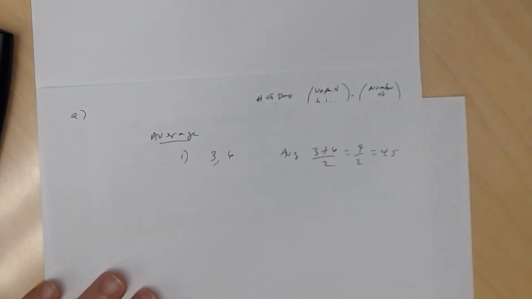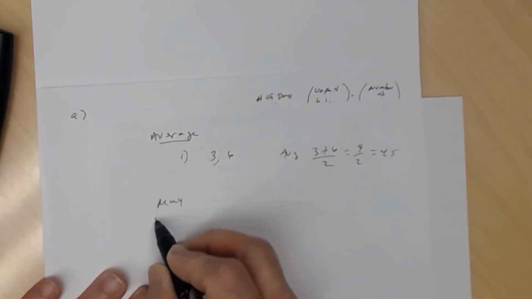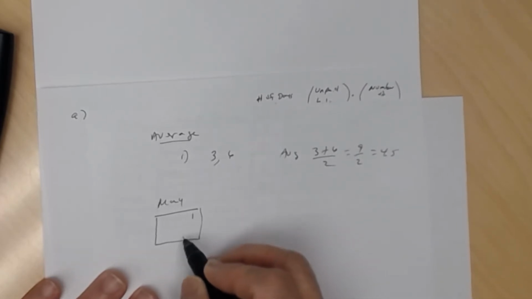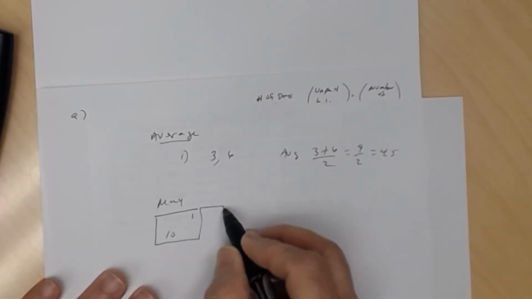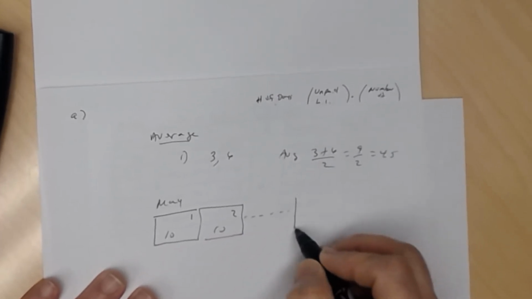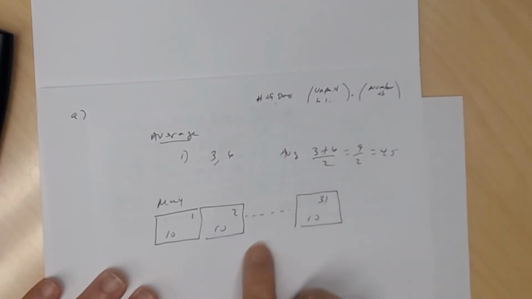So let's suppose this is May, and for each day in May, May 1st, I had $10. May 2nd, I had $10, all the way to May 31st. What is the average daily balance?